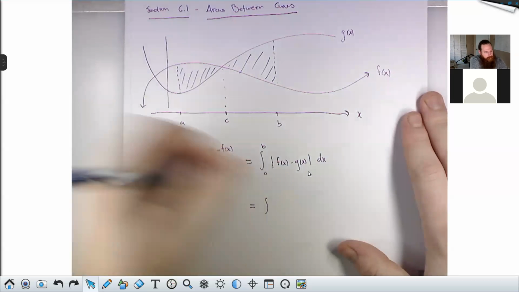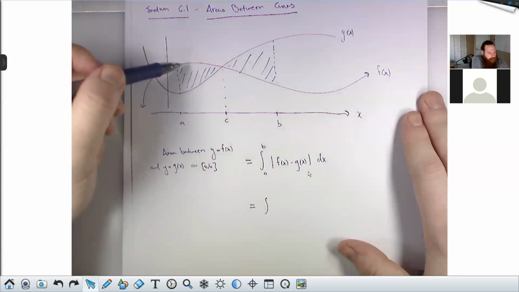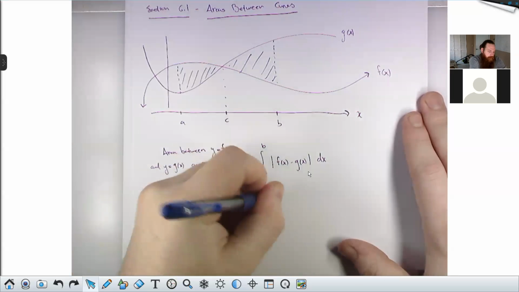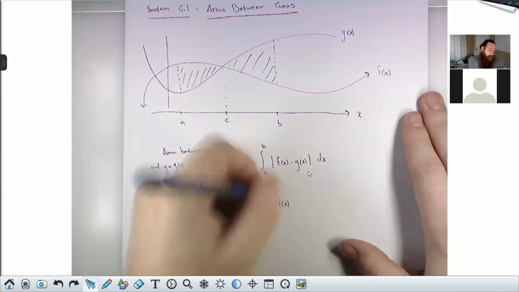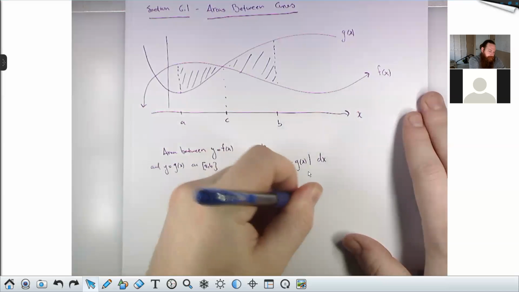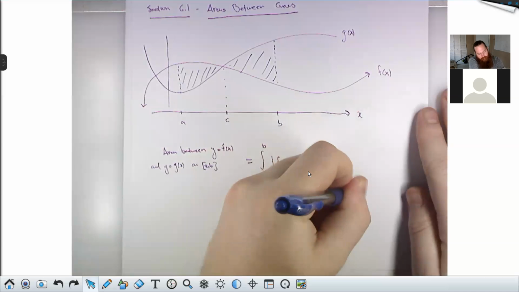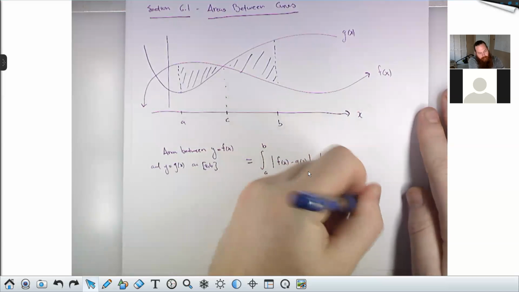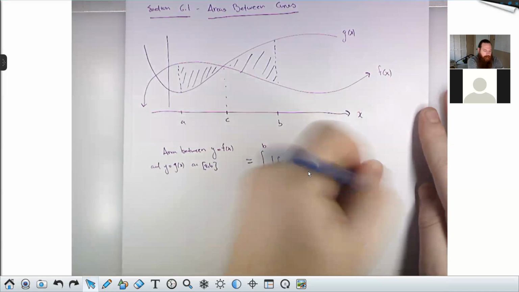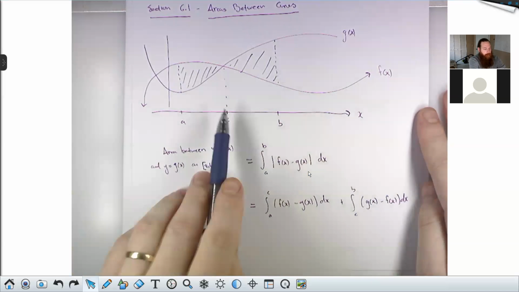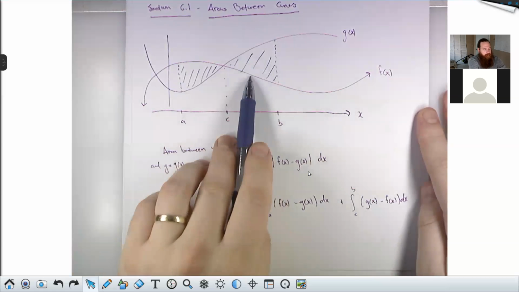So this is going to be the integral from a to c of f minus g plus the integral from c to b of g of x minus f of x. Because from c to b, g is above f.